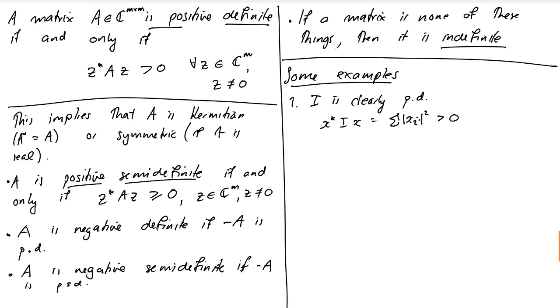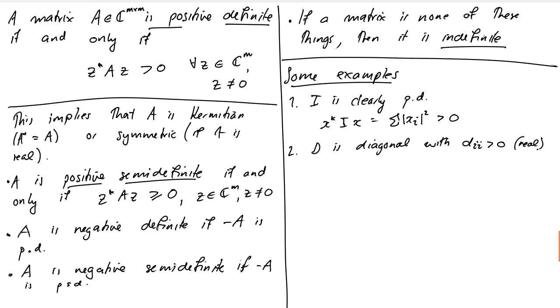Okay, so if x is not equal to 0, then the sum of its absolute value entries squared is greater than 0, so the identity matrix is definitely positive definite. Number 2, D is diagonal with dii greater than 0.